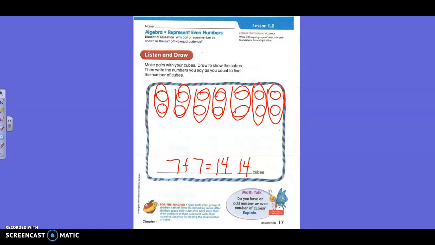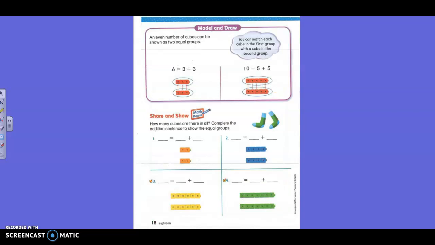Okay. We're going to go to the next page now. So turn your paper over. One more time. Turn your paper over when you have this done. Read this.